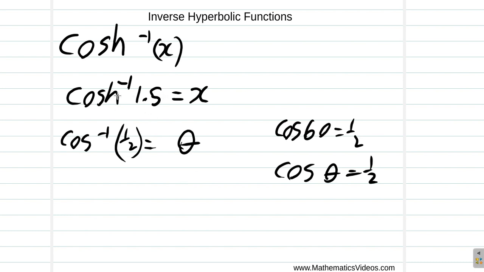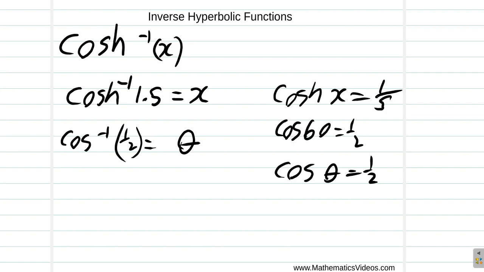Now back up here. The cosh inverse of 1.5 is x. In this case, x is the angle. Now, what you can say is that the cosh of x will give you 1.5.